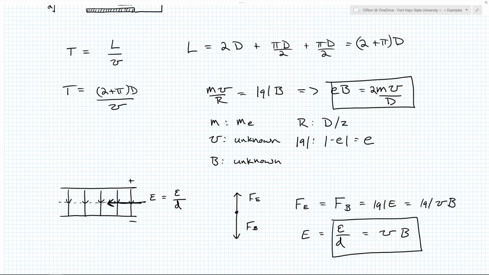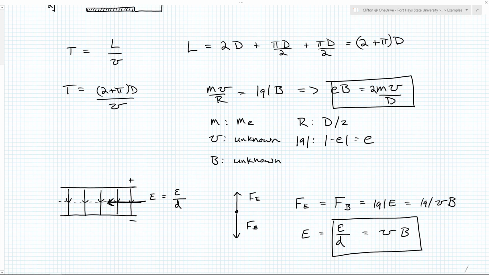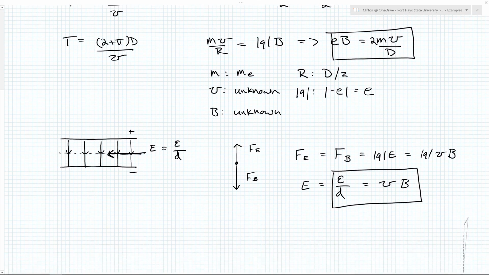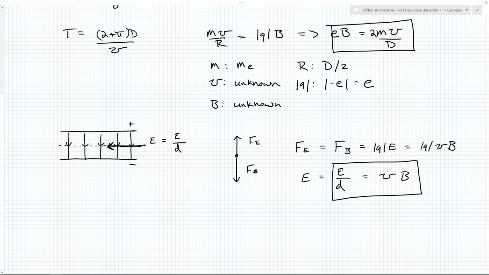Now what I want is the velocity, so I'm going to solve one for the magnetic field and then plug that into the other. So let me solve the bottom equation for magnetic field and then plug that into the top equation. So the magnetic field is going to be EMF over velocity times d.